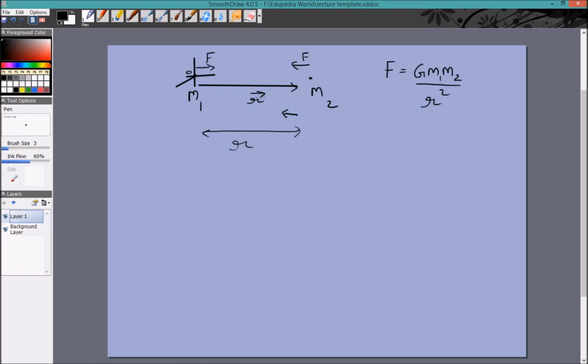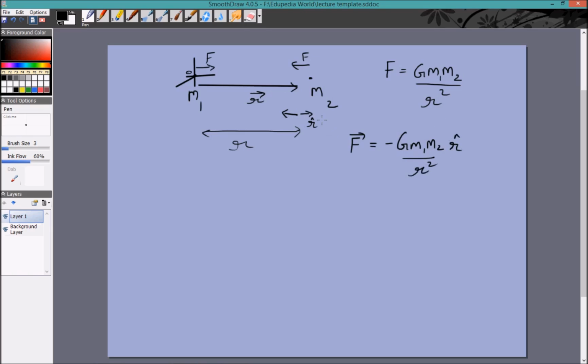Now r is the position vector of m2, so the unit vector in this direction would be r hat. So the unit vector in the opposite direction would be minus r hat. So the force experienced by m2 due to m1 would actually be minus G m1 m2 by r squared r hat. This is the magnitude and minus r hat is the direction.